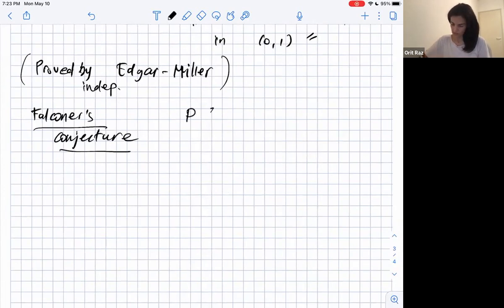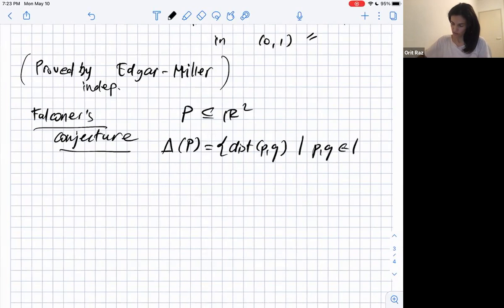First, if we have a subset P of R2, let me define its distance set, delta of P, to be all the pairwise distances, the distance between p and q, where p, q are from P. So for now, it's just a definition.